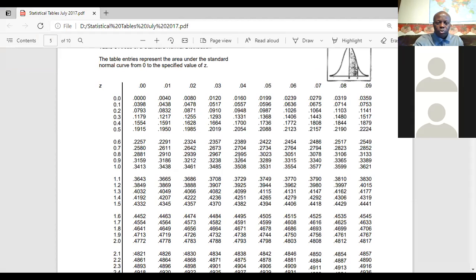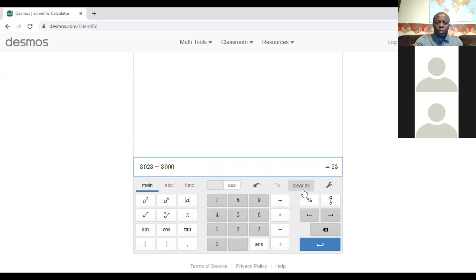The first one is 0.2995. The second one is 0.3023. So we use the one that is closest, which is this one. How? Because when you go to the calculator and do 300, which is 0.3. Yeah, we got that whole part.